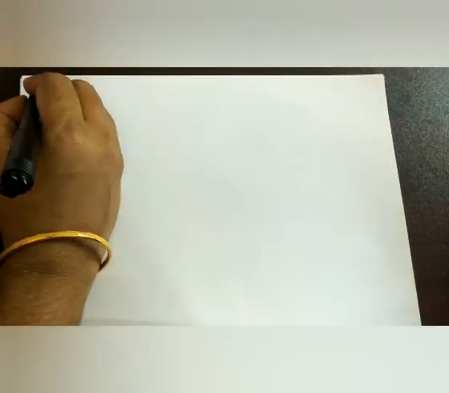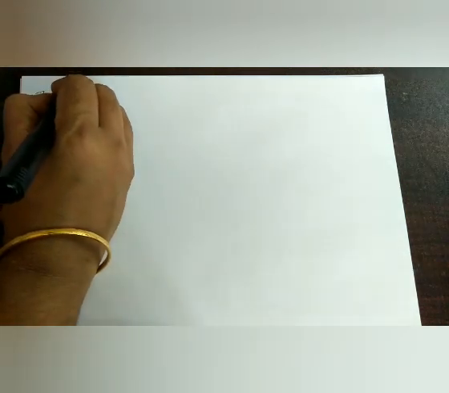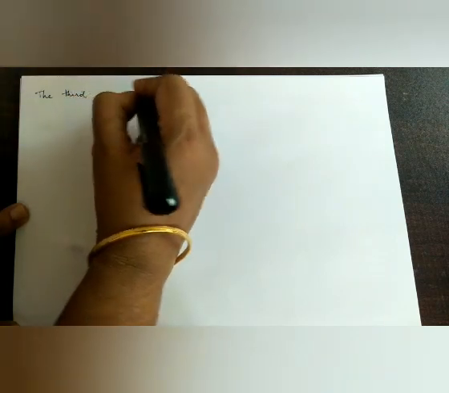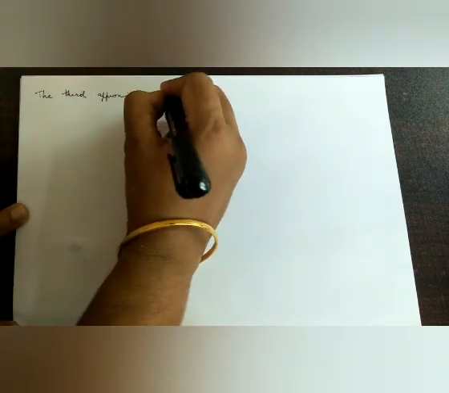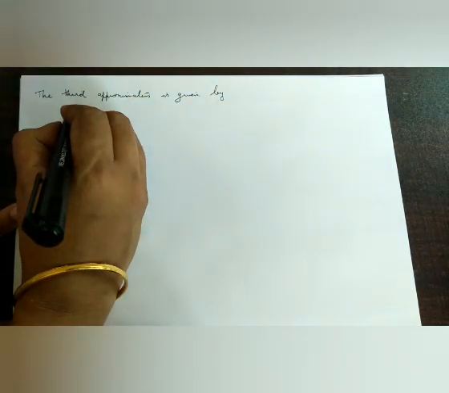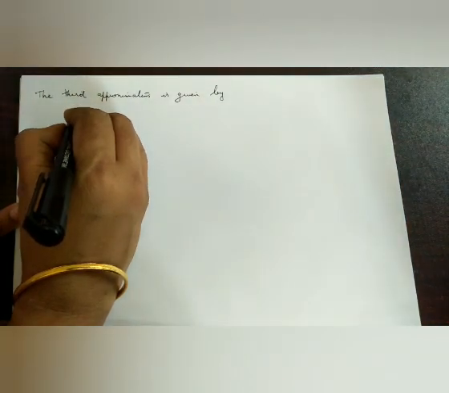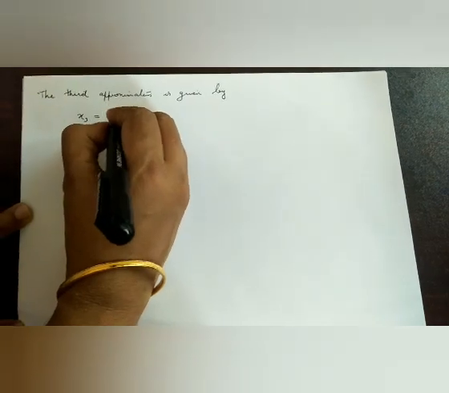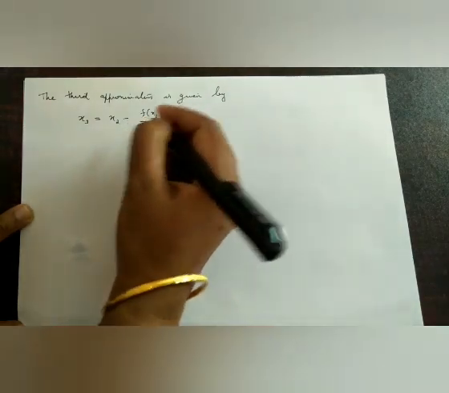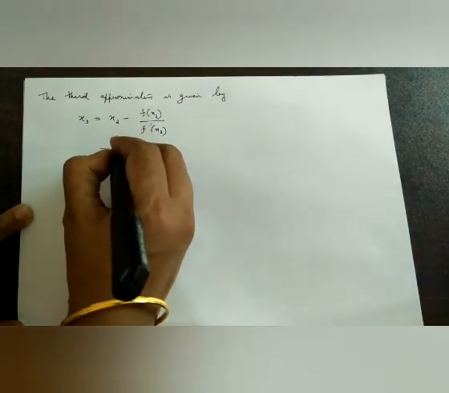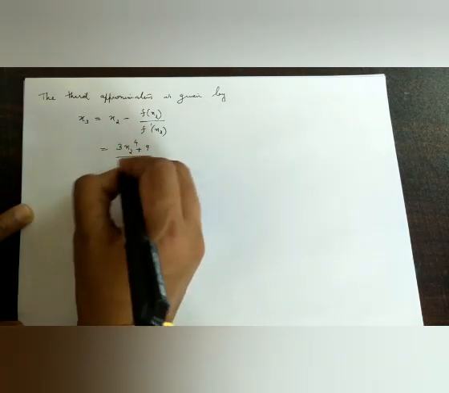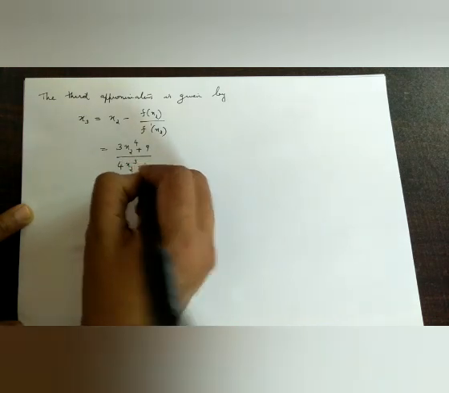The third approximation is given by putting n = 2 in the formula. We get x3 = x2 - f(x2) / f'(x2), which on substituting is (3x2^4 + 9) / (4x2^3 - 1).